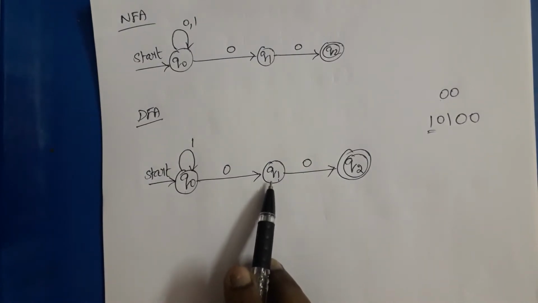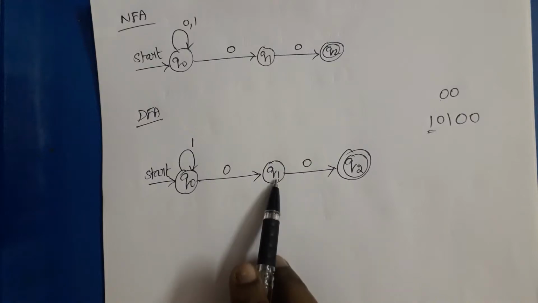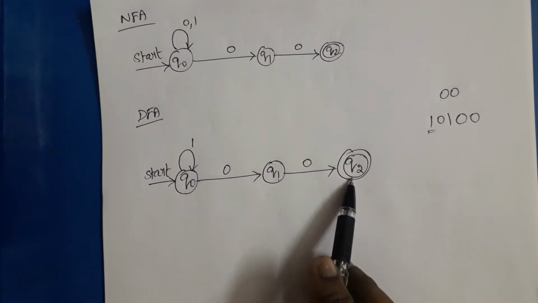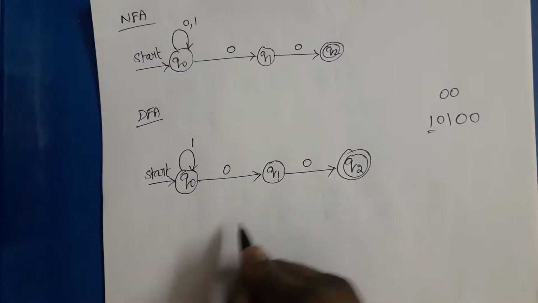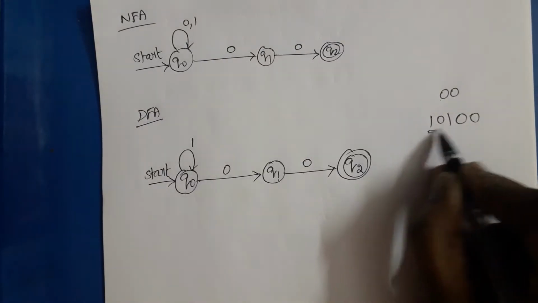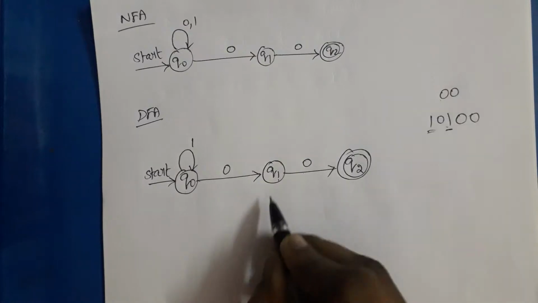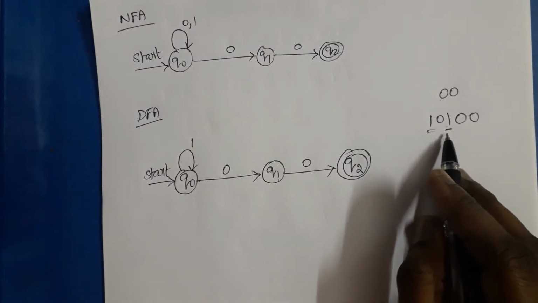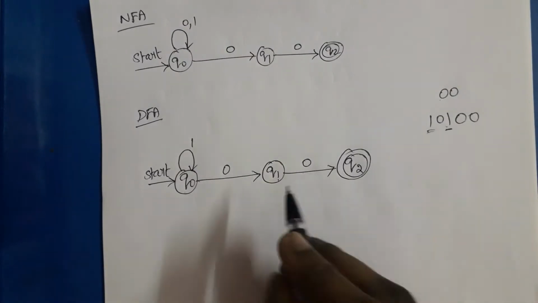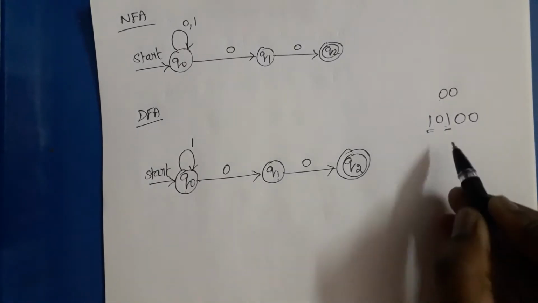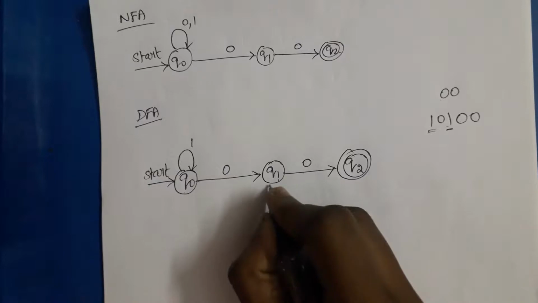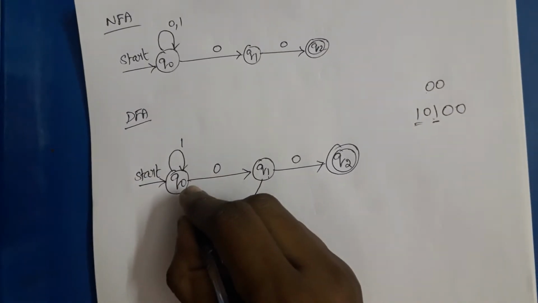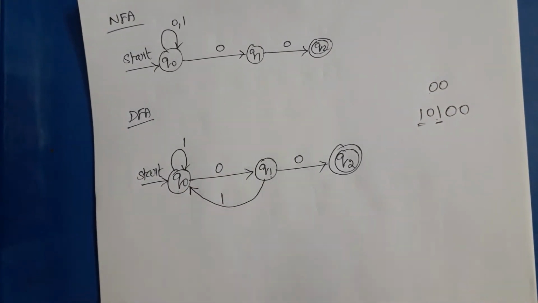In Q1, if the current input symbol is 0, then it goes to Q2. Suppose the next input symbol is 1. That is, after recognizing 0, if the next input symbol is 1, then again we need to recognize 2 more zeros to reach the final state. So the state should be changed to the previous state.